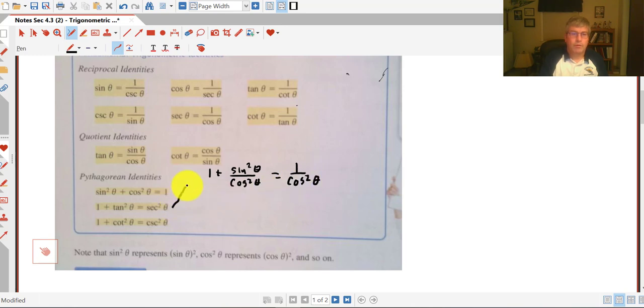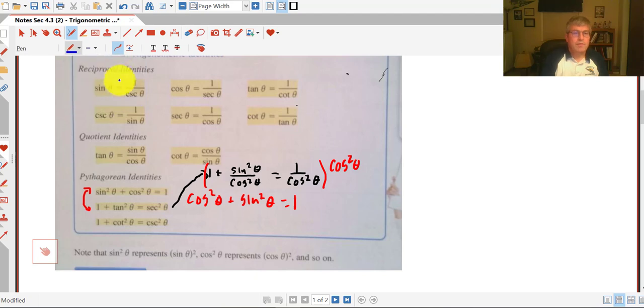So simply rewriting that into this form, it looks like that. Now, if we multiply everything by cosine squared theta, we get cosine squared theta plus sine squared theta equals 1. So these two identities are equivalent.